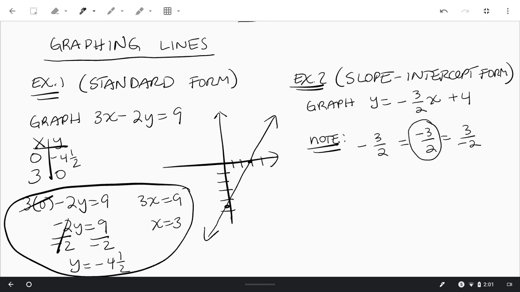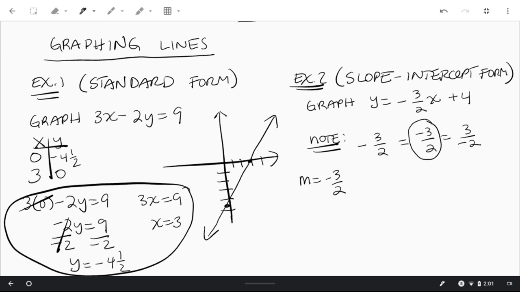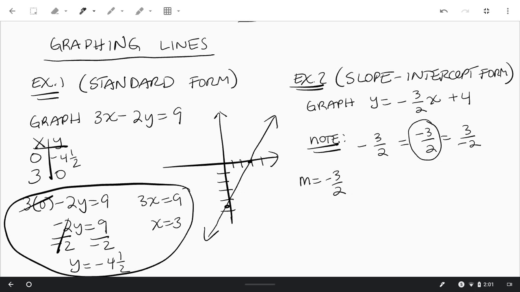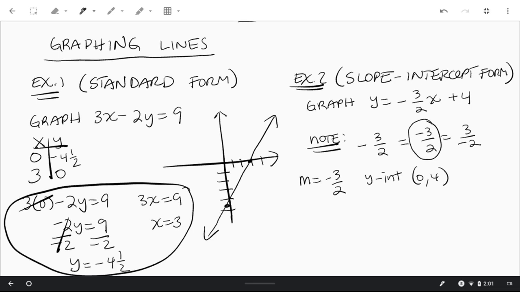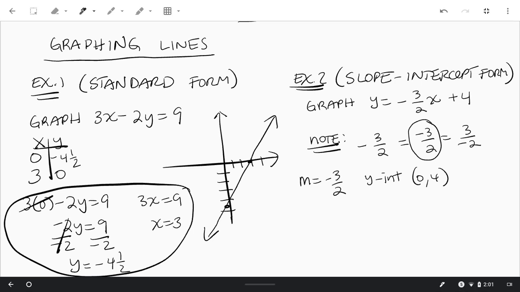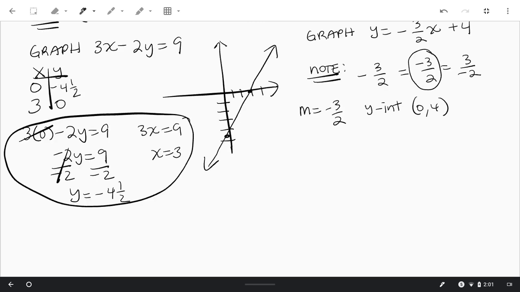If my slope is -3/2 and my y-intercept is (0, 4), then it makes it very easy to graph. So you start at the y-intercept, (0, 4). Waiting for my screen. All right. You start at (0, 4).